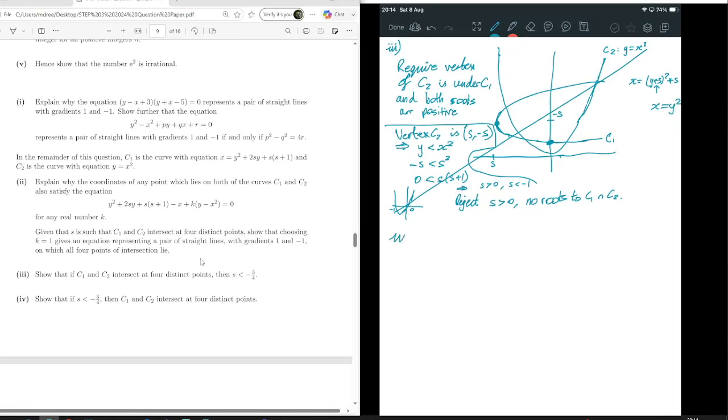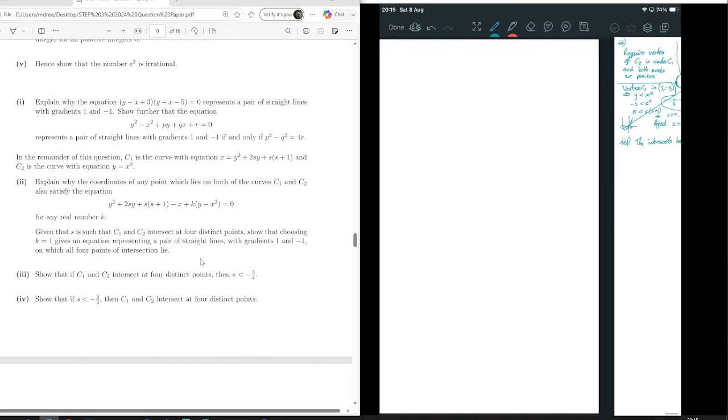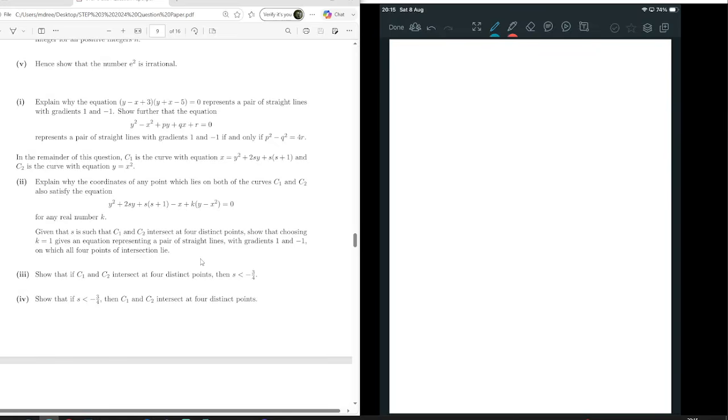But if I think of the alternative way, so part 3, the intersections lie on y plus x plus s plus 1 equals 0 and y minus x plus s equals 0. I think those were the two brackets I just created. Indeed they were.